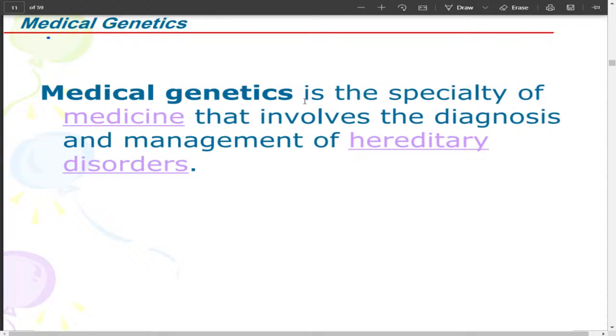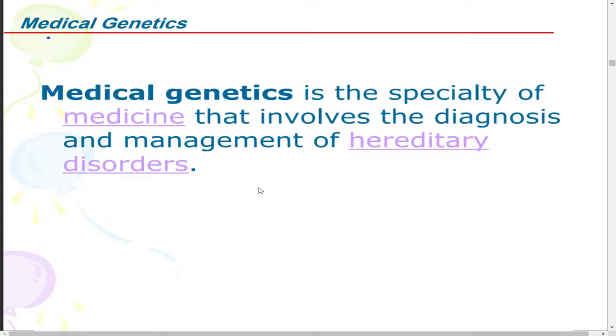So what is the definition of medical genetics, the specialty of medicine involved with diagnosis and management of heredity, which is the transfer of alleles from the parents to the child, to the next generation, and disorders which could happen during the transfer process between parents and the new generation.